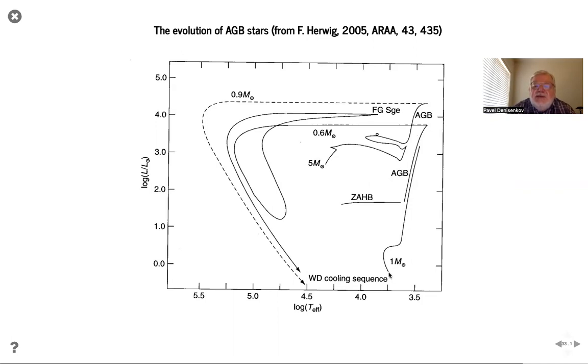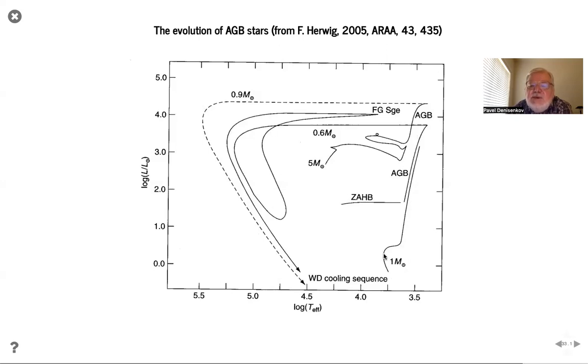But when the star arrives on the main sequence and the temperature at the center is sufficient to ignite hydrogen, this is called the 0H main sequence. When a star burns hydrogen in its core, this corresponds to the main sequence evolutionary phase. And it's not just one point, it's this segment of the evolutionary track.